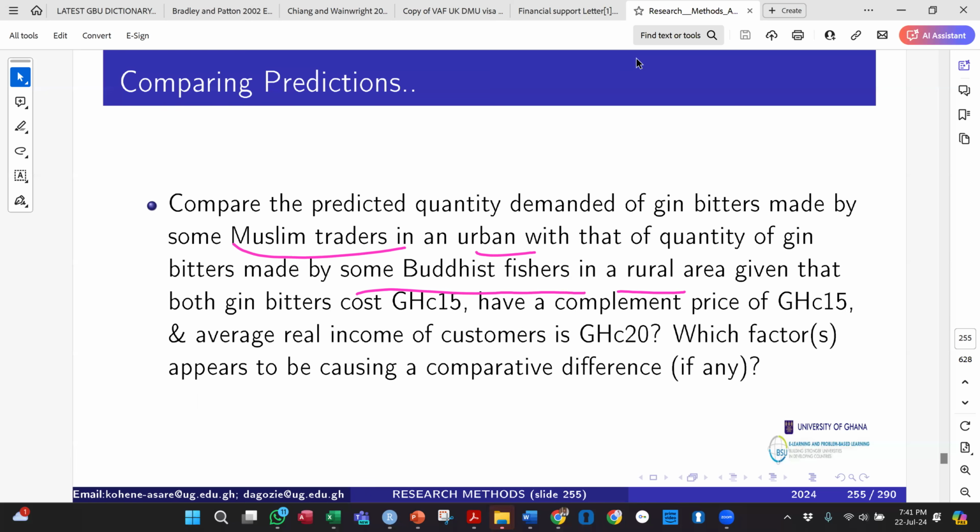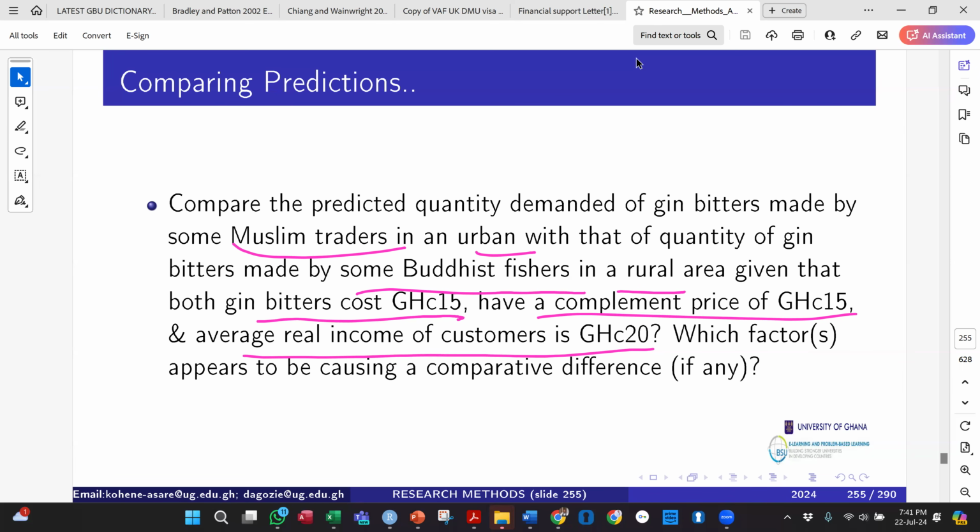Given that in both cases, the gin bitter costs 15 cedis, it has a complement price of 15, and the average real income of the people is 20.